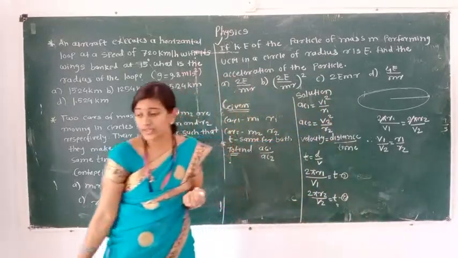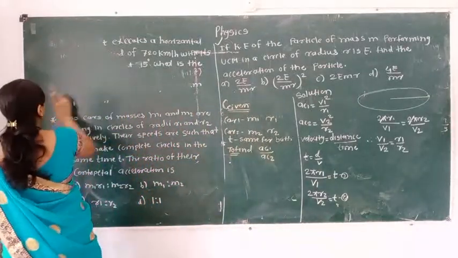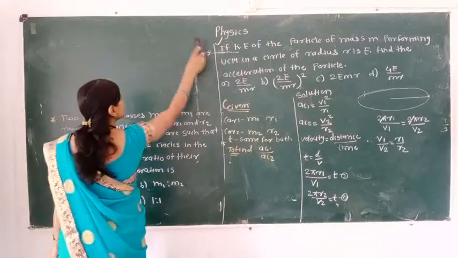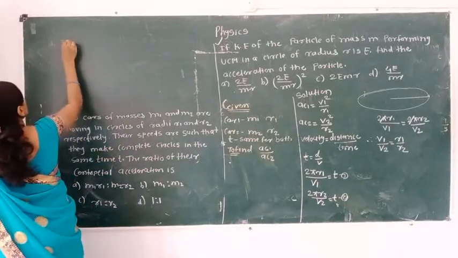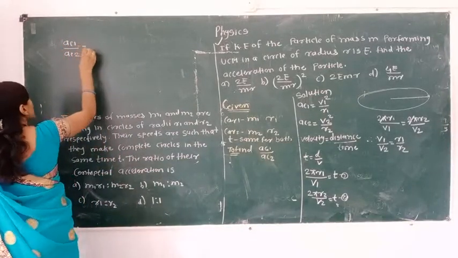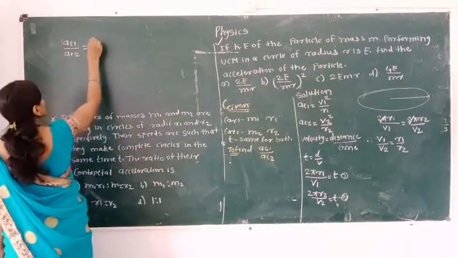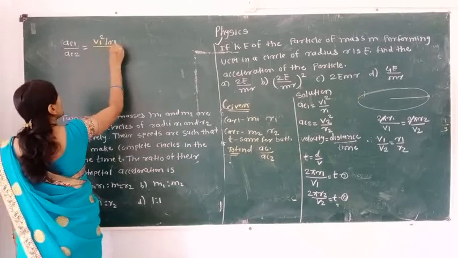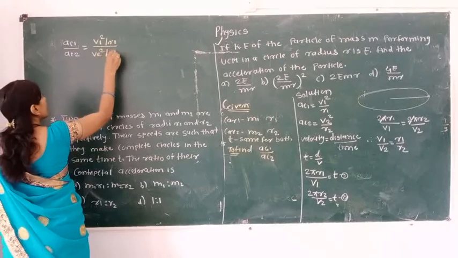Now we have to find the ratio of the centripetal acceleration of the first car to the centripetal acceleration of the second car. That means finally AC1 divided by AC2. We know the formulas, so putting them in: V1 square divided by R1, and the whole divided by V2 square divided by R2.